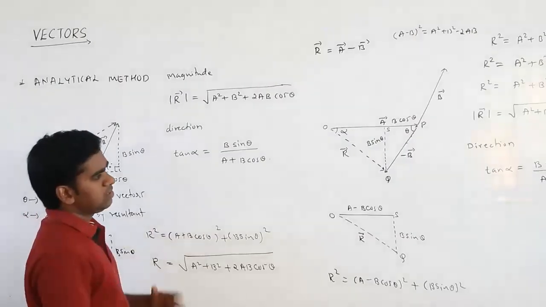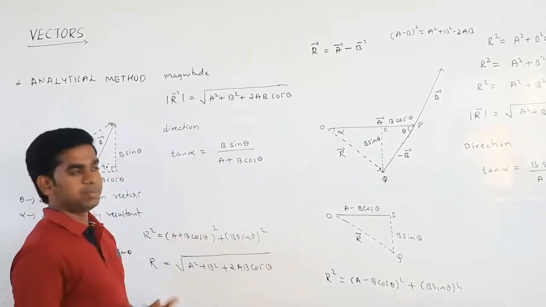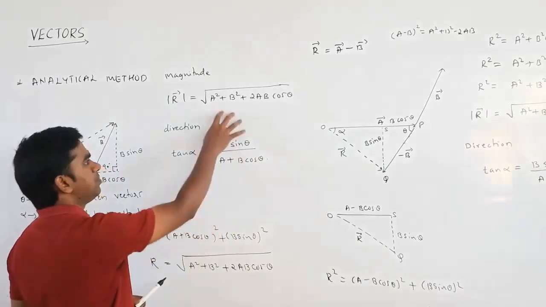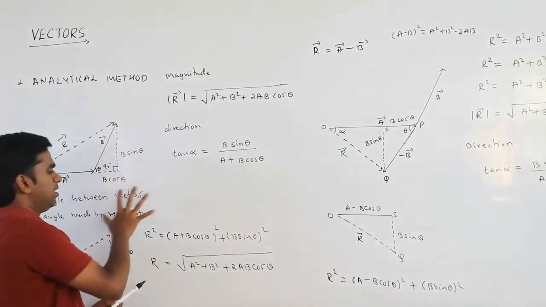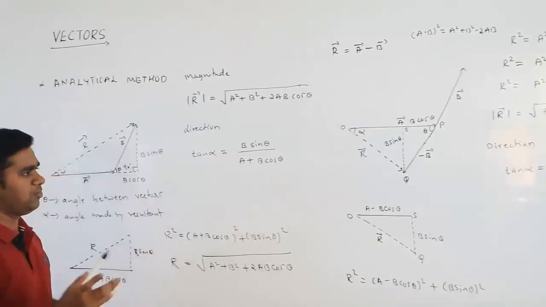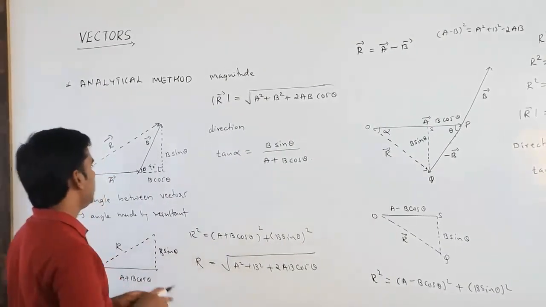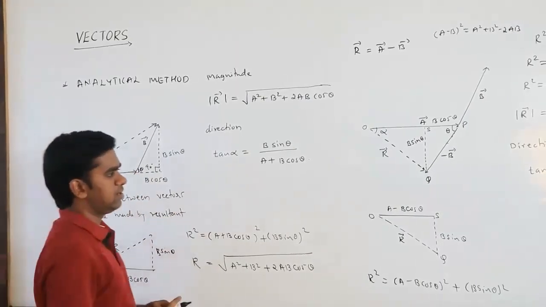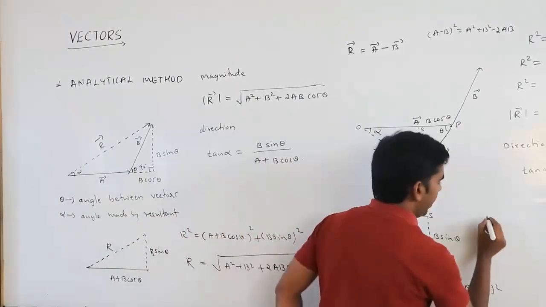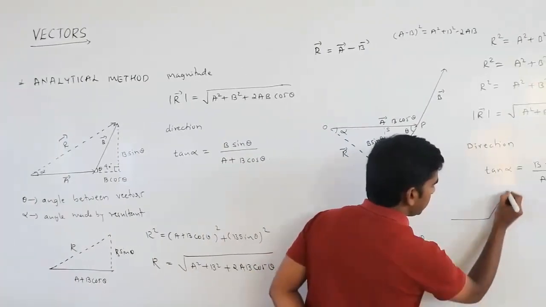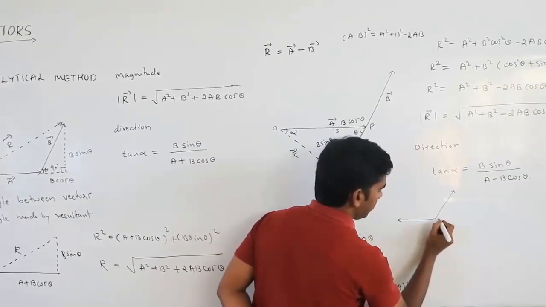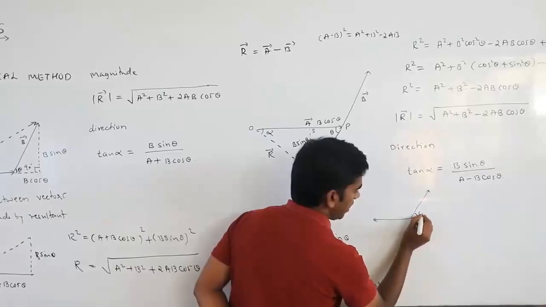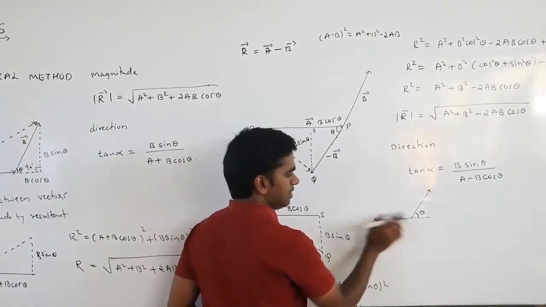Then you may ask, is it required to derive these two separately? Can we get that formula from the vector addition formula only? Obviously, you just have to look at theta. If you change the angle, you will get that also. See here, if you are adding, this is one vector, this is another vector, and this is the angle theta.